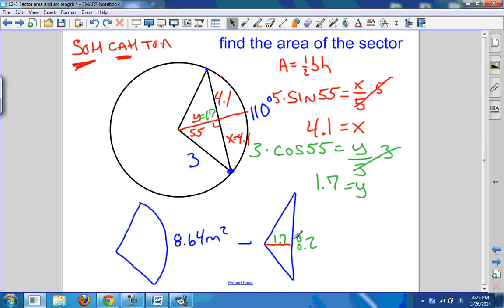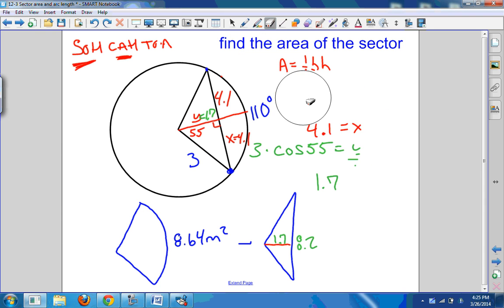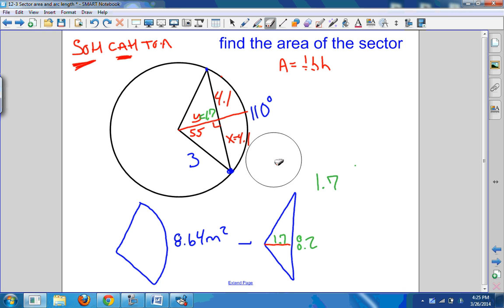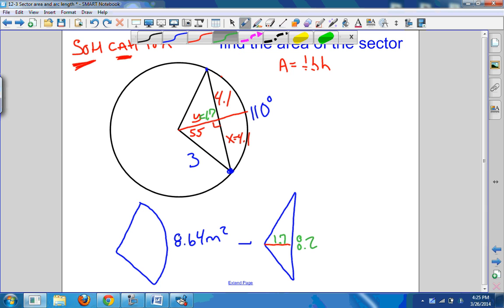Let me erase this to get a little bit more room. Area is equal to 1/2 base times height, right? So area of a triangle is equal to 1/2 times the base, 8.2 times the height, 1.7.